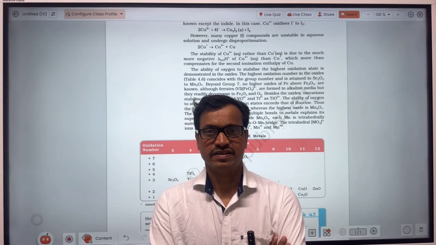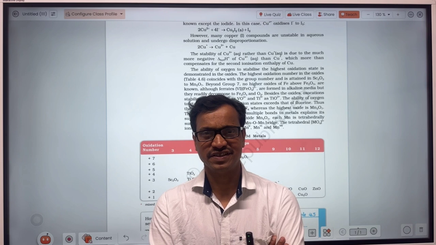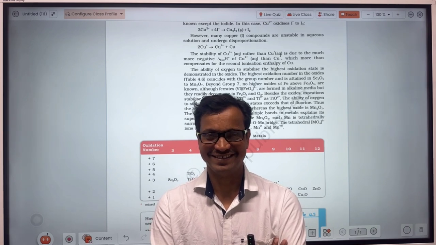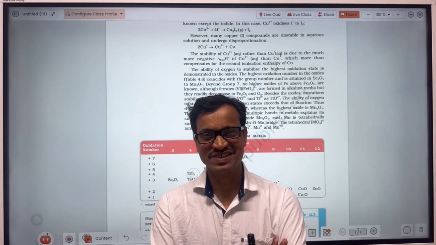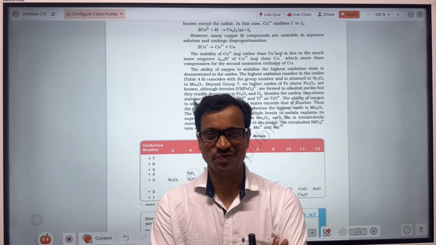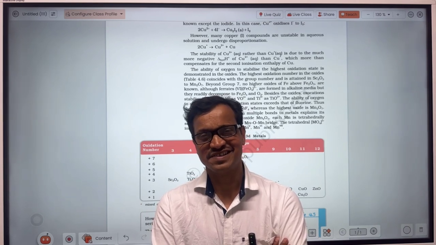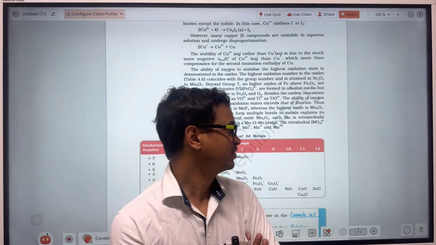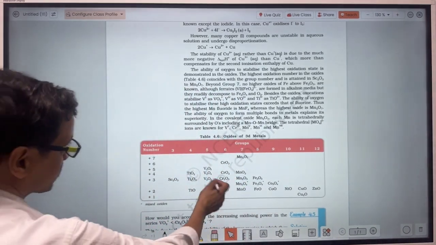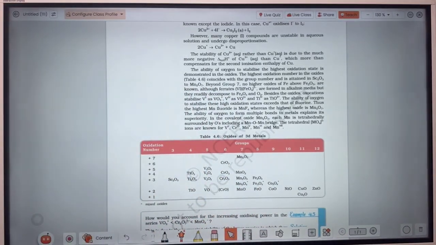And since that high energy is not available, the transition metals do covalent bond formation when they show higher oxidation states. Okay, so let's see what oxidation numbers are shown here.